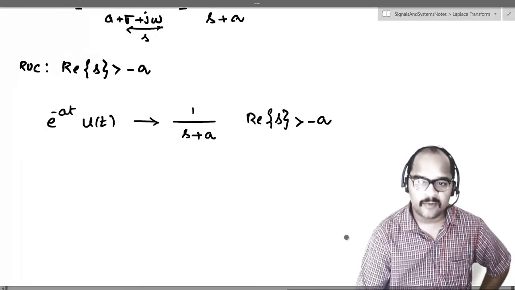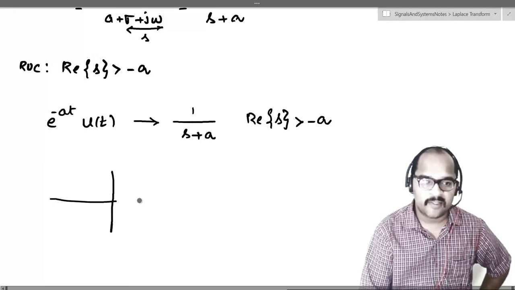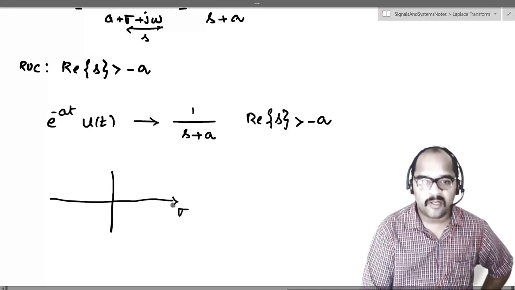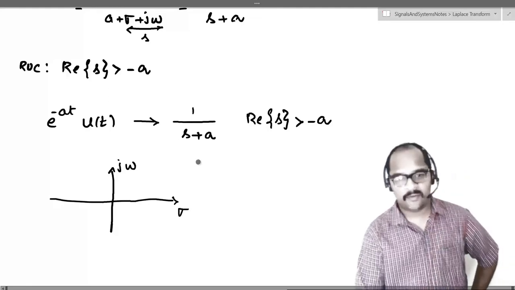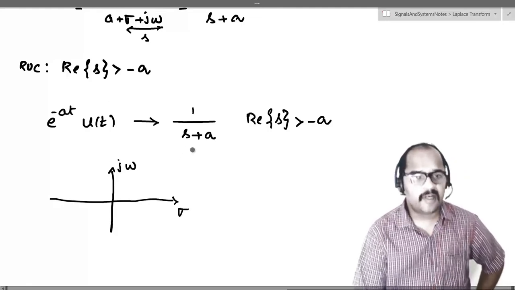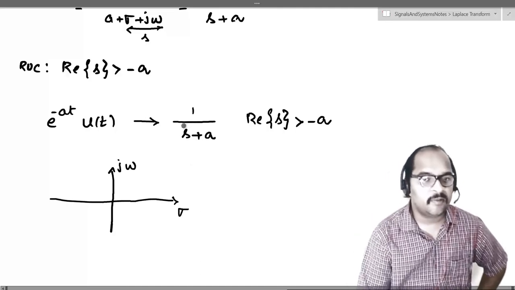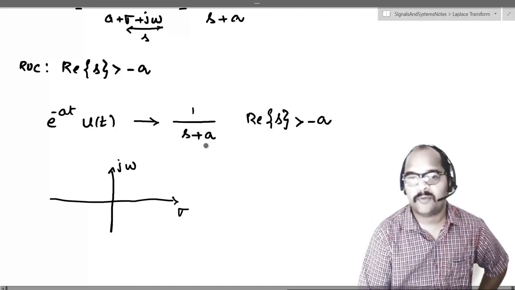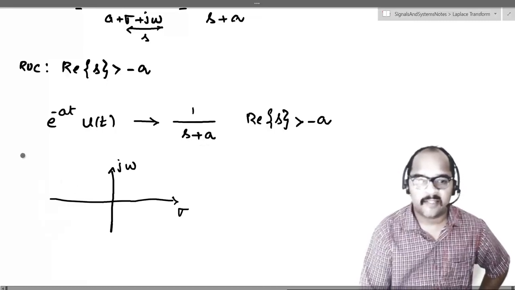Now let us try to plot this. If you try to plot the region of convergence, we should go to the s domain. Definitely the Laplace transform would be infinite at s equal to minus a, so that will not contribute to the region of convergence. But we know that s equal to minus a is a pole.